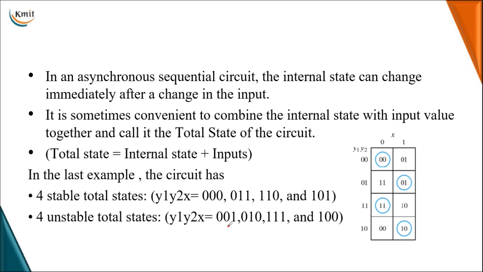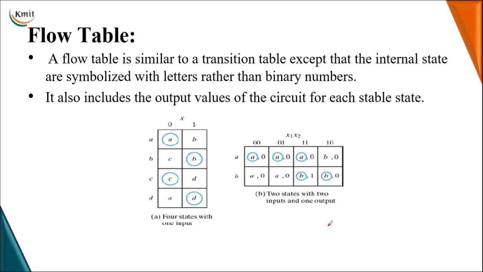Now the unstable states, if I include your present input, then it would become 0 0 1. The missing numbers in your stable states will be your unstable states. So 0 0 1, 0 1 0, triple 1 as well as 1 0 0 are denoted as your unstable states.